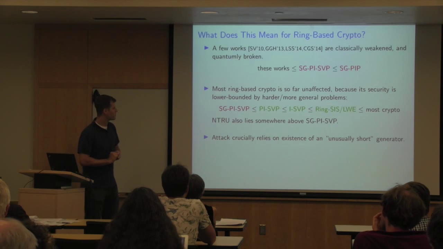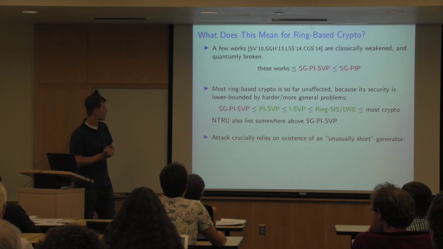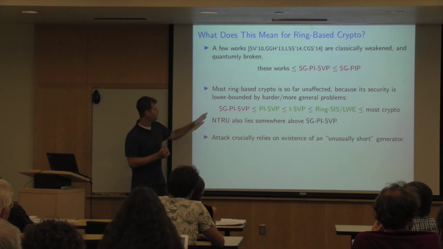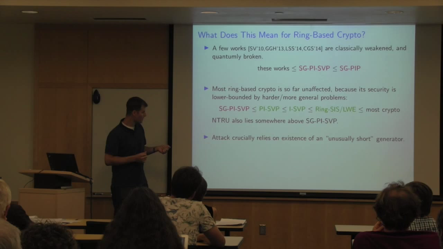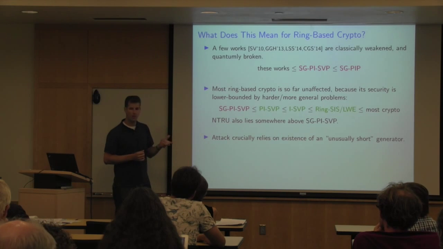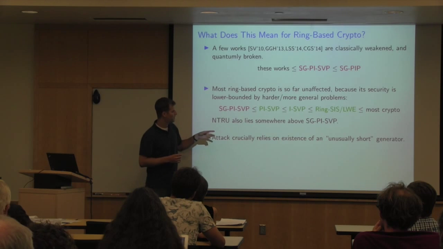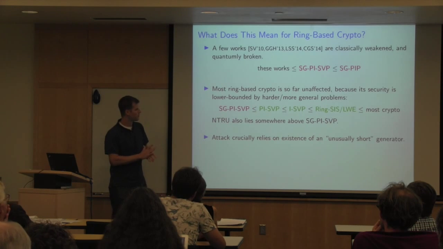And if there's a main message to take away from here, the attack, as you can see, when we go from red to green, the attack technique very crucially relies on this promise or the existence of this unusually short generator of the principal ideal. Okay. We already sort of saw it in Leo's talk, but we'll see it a little more here.